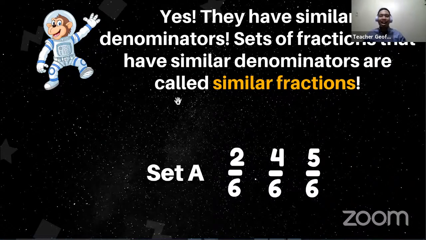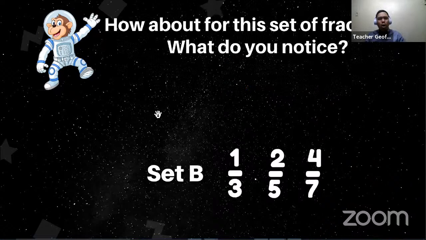All right? Now, how about for this set of fractions? What do you notice? Anyone? Compared to the last one, I think most of you will be able to get it. Hi, Zyrel or Zero, I'm not sure how to pronounce it, sorry. But how will you describe this set of fractions? Set B. They have different denominators.